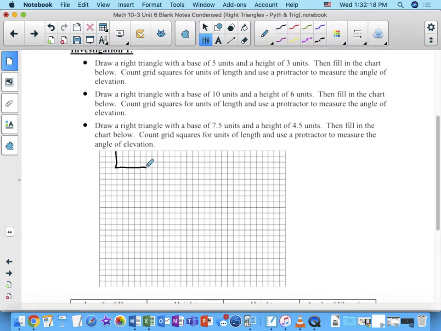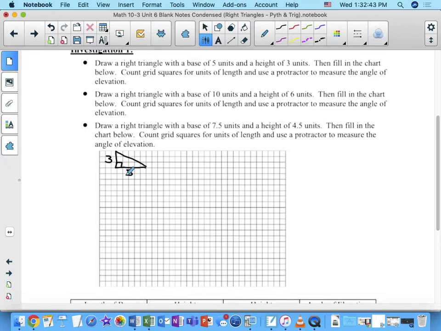Okay, and please be as accurate as possible. You must count squares. And also, try and draw this line as straight as you possibly can. This little exercise is dependent on precision.